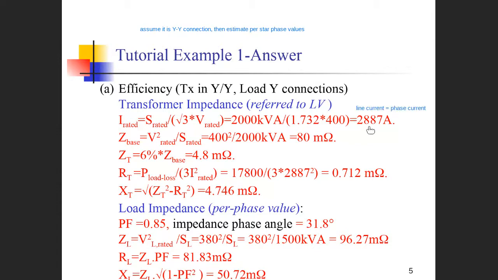So this is the per phase rated current, the per phase current in the star-star connection. This is the rated current. Now, the base impedance referred to secondary.